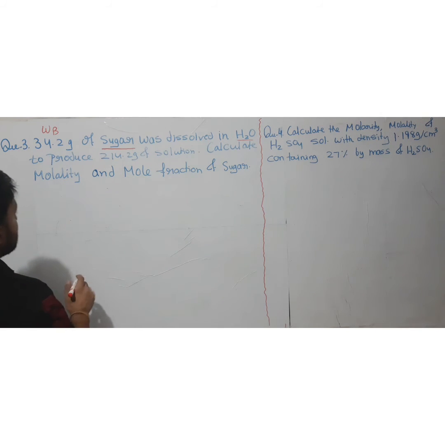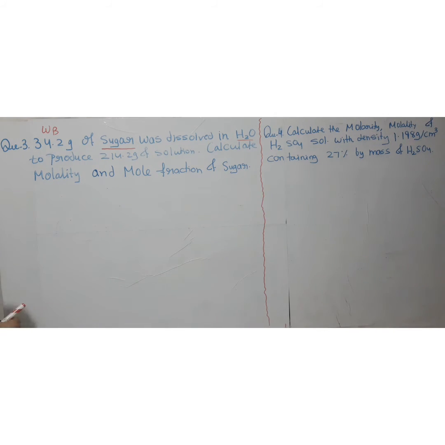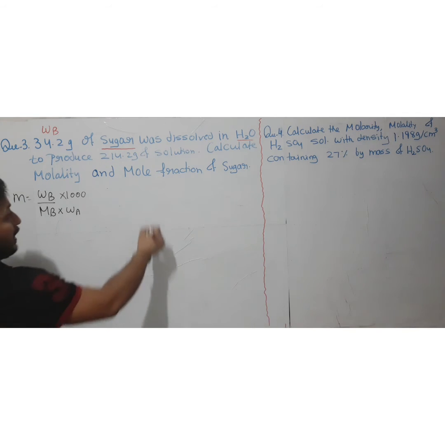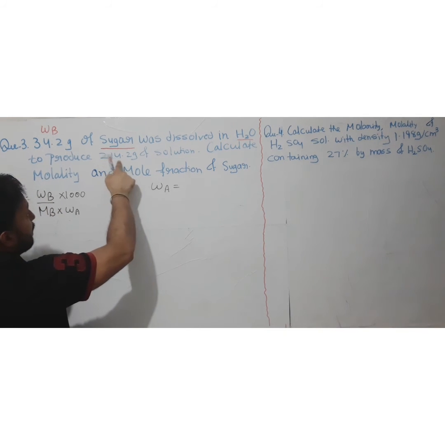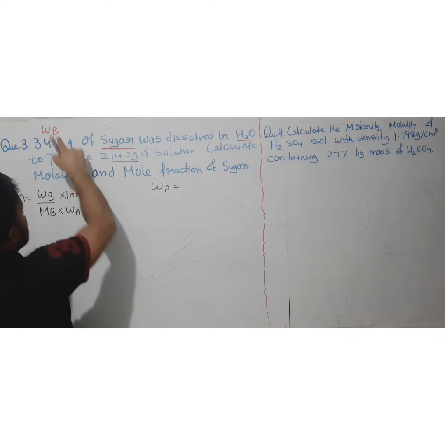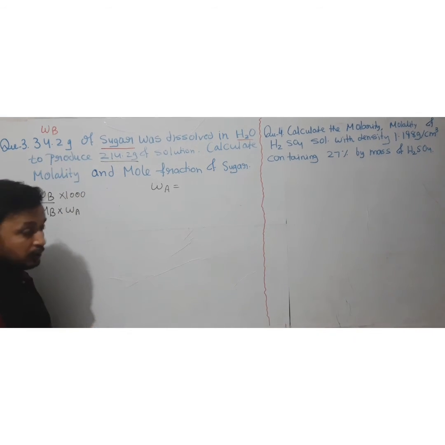Now for molality, if you write the formula, we know that molality will be equivalent to WB divided by MB multiplied by WA into 1000, if WA is in gram. But here WA is not given, so we have to calculate WA first. How can we calculate it? This is the total mass of solution, and this is the mass of the solute.